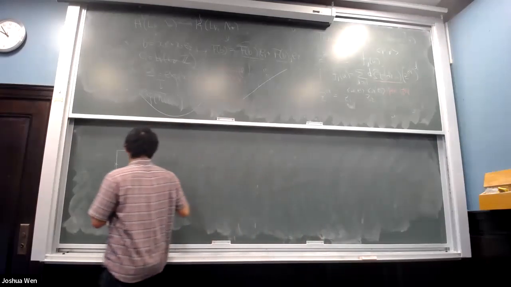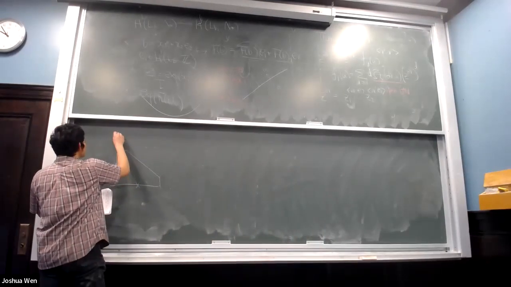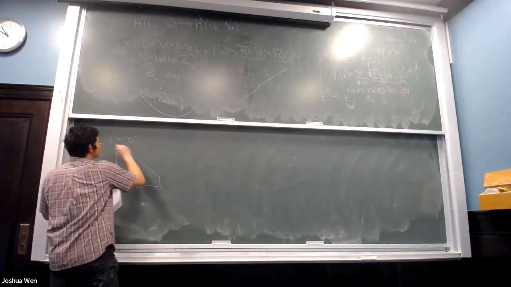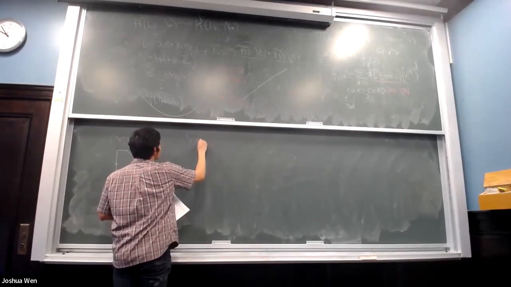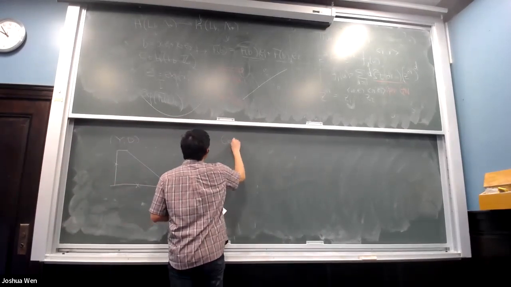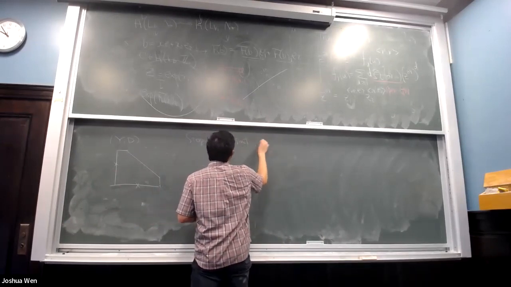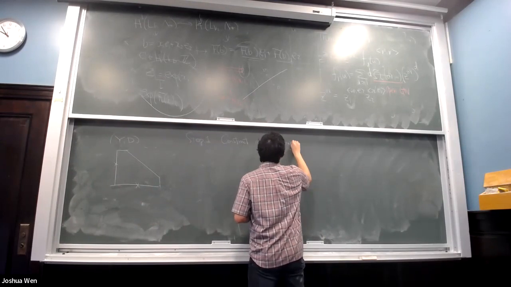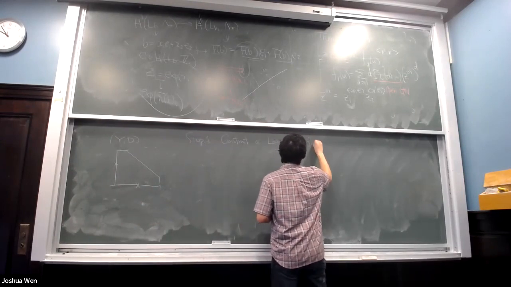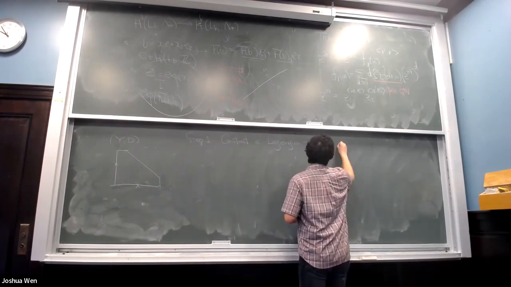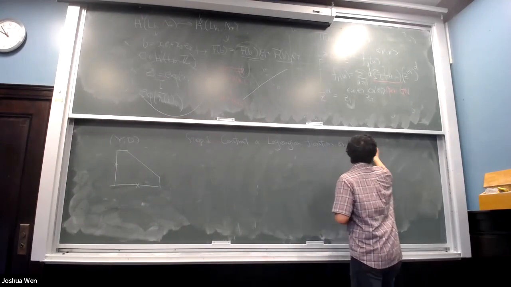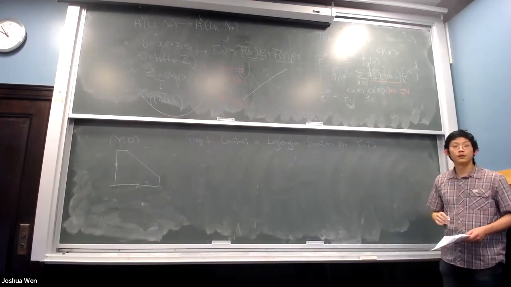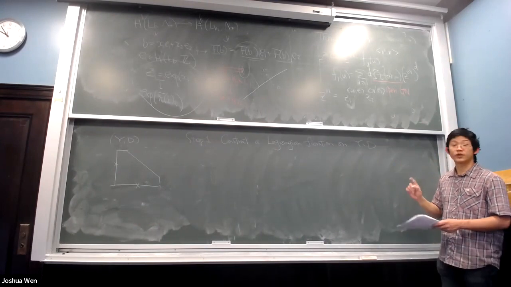So this is Y, D. Step 1 is to reconstruct the Lagrangian fibration on Y minus D. That's the first step.